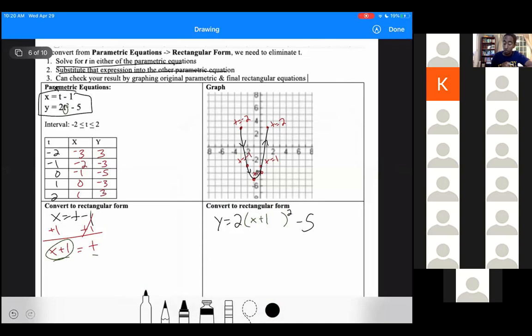Now, we can just look at this, and we can do a quick check. This is now in what form right here? What form of a quadratic is that, thinking back? There's a name, the form of that equation.